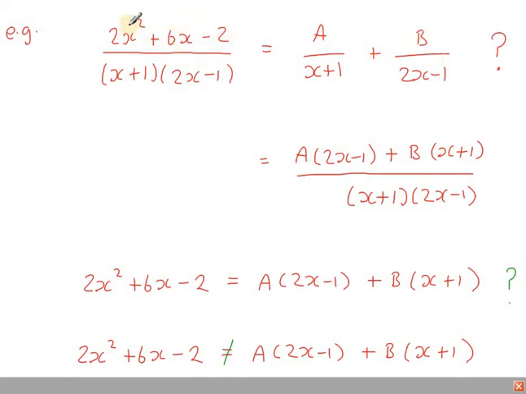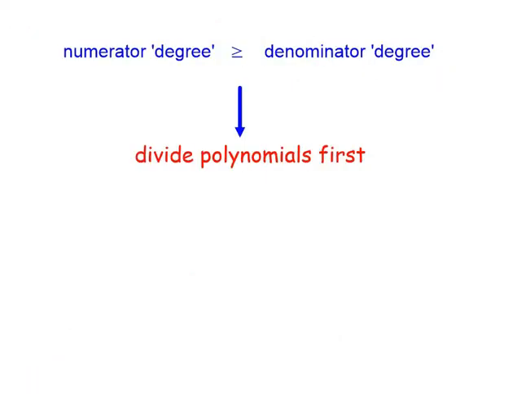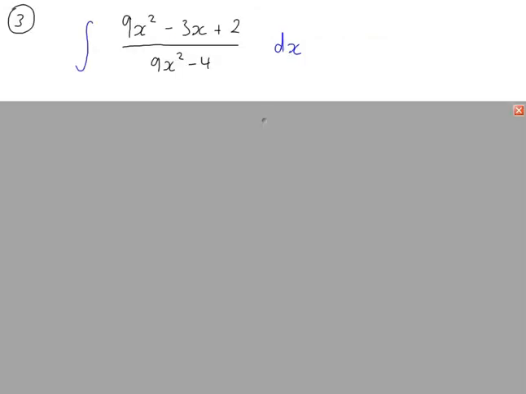What we should have done is divide right here. We should do long division, division of polynomials, before we start. If the numerator degree is more than or equal to the denominator degree, divide polynomials first. Take this example. We want to integrate, so we're thinking perhaps partial fractions first.